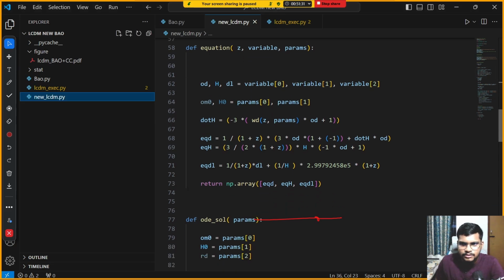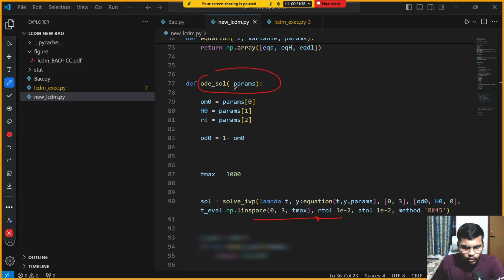Why is this important? Now I'm again going to talk about the ODE solver. So I am making a block, ODE solution. It will just incorporate parameters. First omega m0, h0, and I don't require RD, but over here I'm just importing that, okay, RD is equal to params of 2, right? So the position is fixed. OD0 is equal to 1 minus omega m0.